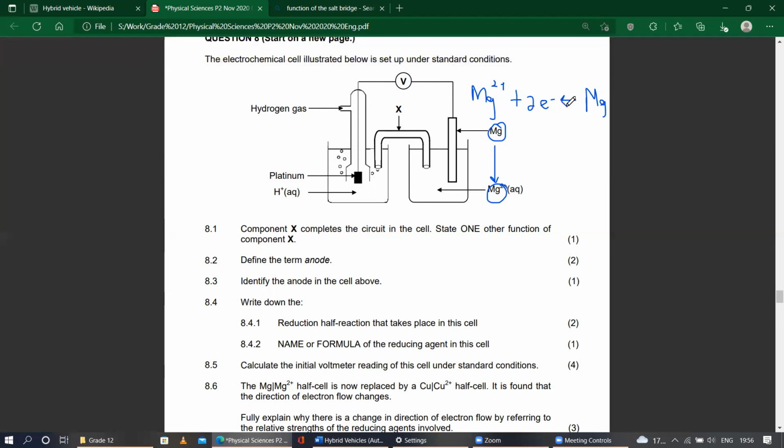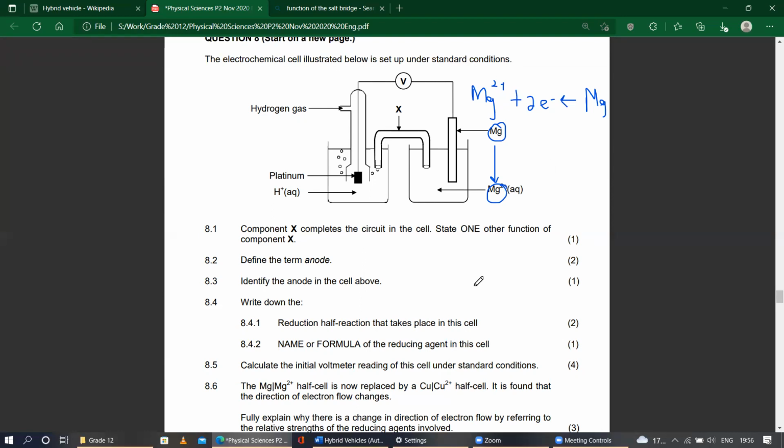I just hope that you keep that in mind. When they want the reduction half reaction, you take it as it is from the table. If they want the oxidation half reaction, you take it from the table, then you reverse it.